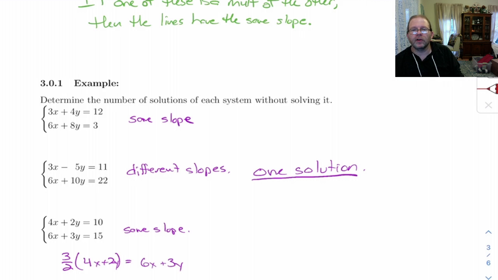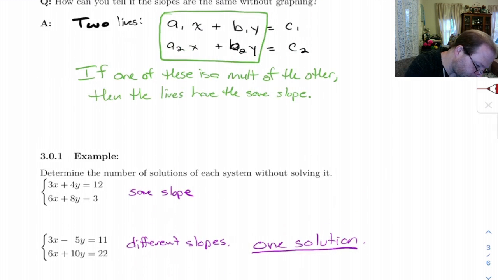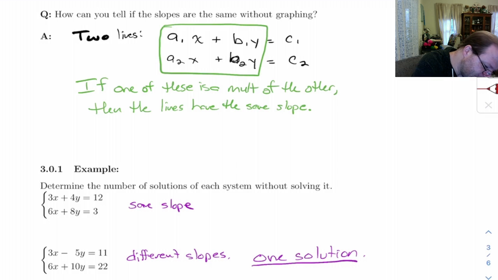So now what we've got to figure out is, for these two guys that have the same slope, are they parallel, or are they actually the same line? Well, let's go back up here. The thing that makes it the same line is over here.